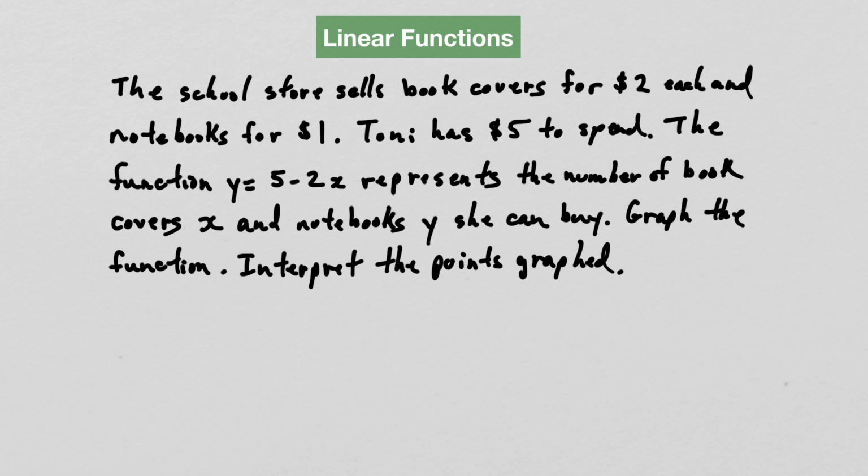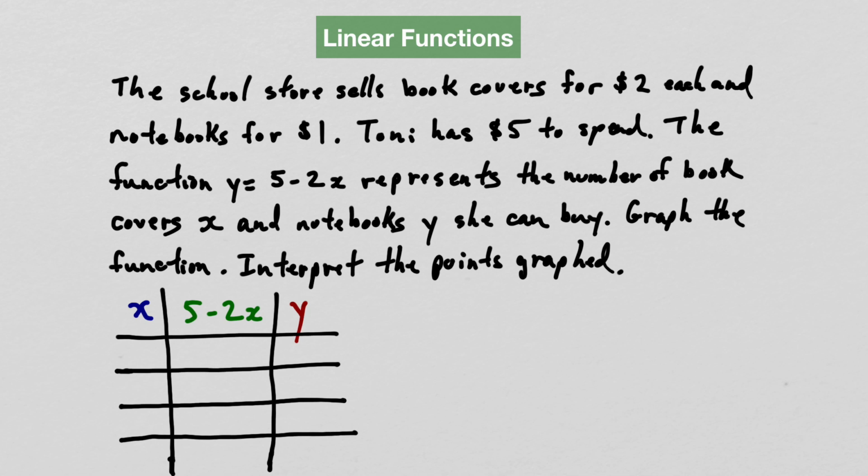Okay, now we need to graph the function and interpret the points. So how do we do this? The first thing we do is make a chart. And the chart will look something like this. Okay, so we know that x represents the book covers and notebooks represents y.